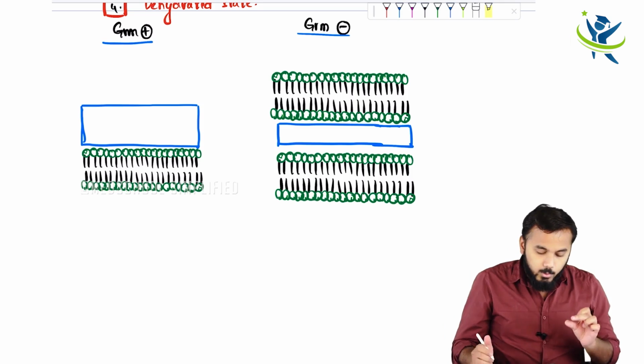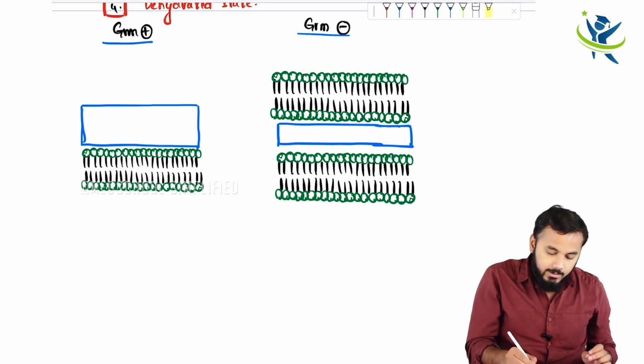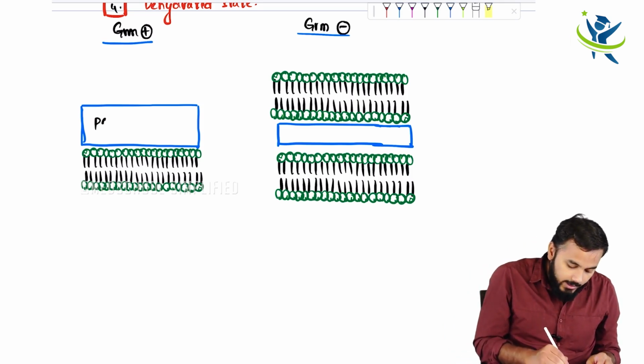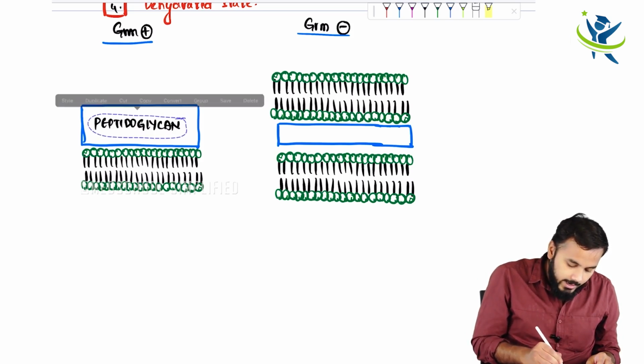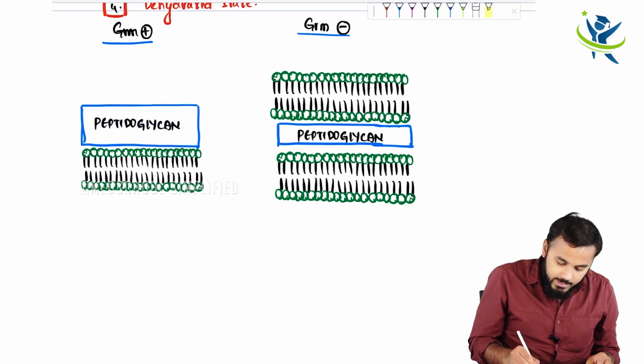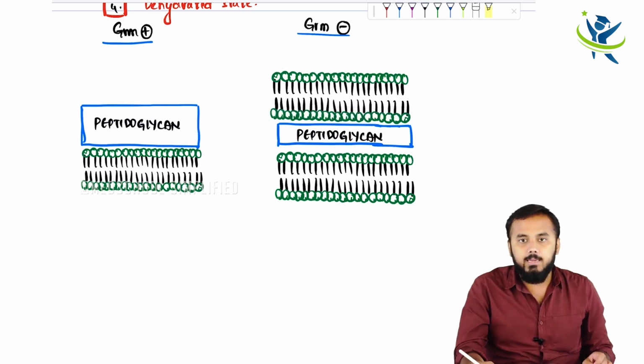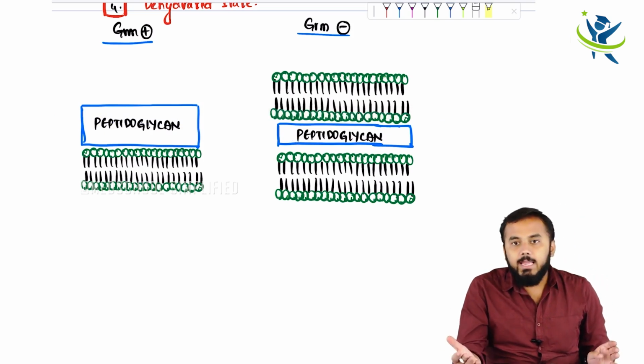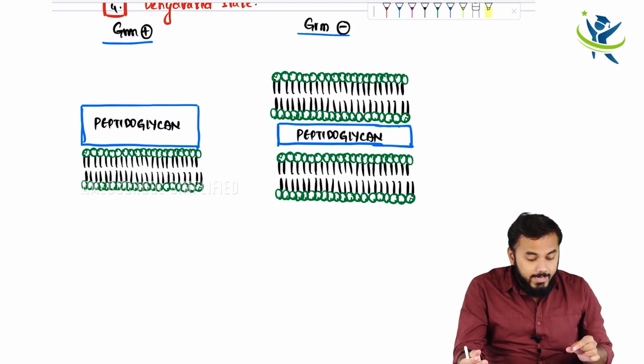This thick blue color thing which I have drawn here is called the peptidoglycan layer. The same here, this is also a peptidoglycan layer. Look where the peptidoglycan layer is thick. Obviously it is thick in gram positive ones.